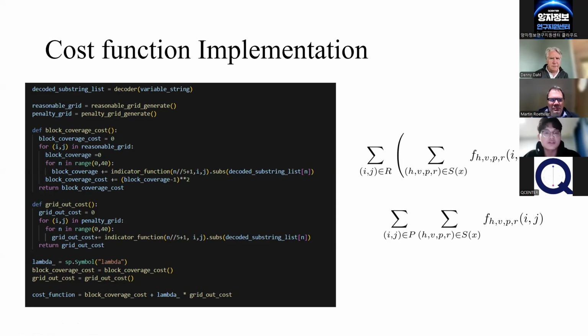If a cell is covered only once, we give no penalty from our logic of the indicator function. Then the grayed out cost was implemented in a very similar manner. We multiply the hyperparameter lambda to this grayed out cost function and add this block coverage cost function to obtain our full cost function. So this was the coding aspect of our project.